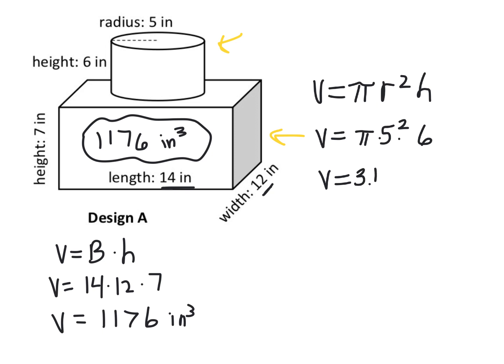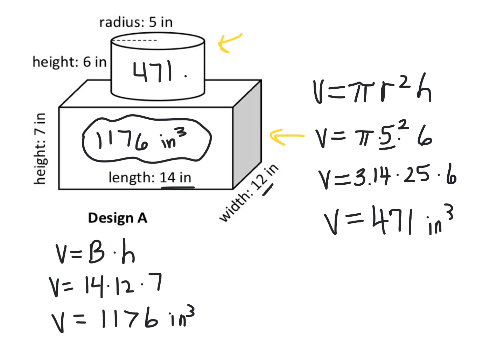I'm going to go ahead and use the estimate of pi, 3.14, times 5 squared, which is 25, times 6. So let's calculate all that. 3.14 times 25 times 6, and I get 471 inches cubed, and I'm going to write that right in here.